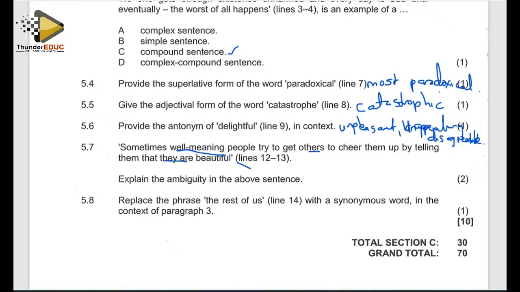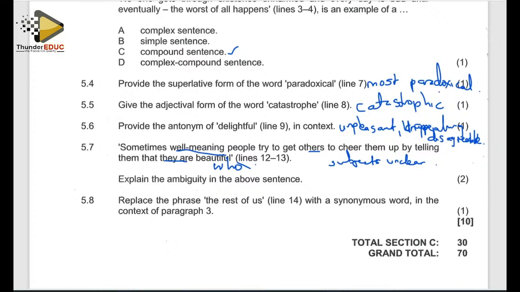We do not know the subject that is being told of being beautiful because we have two subjects in the sentence: well-meaning people and the others. So we're not sure who is being referred to as being told that they are beautiful. The subjects are not clarified clearly.